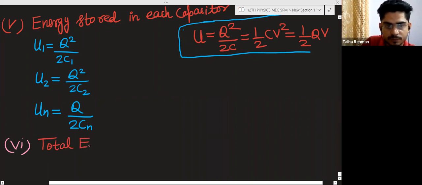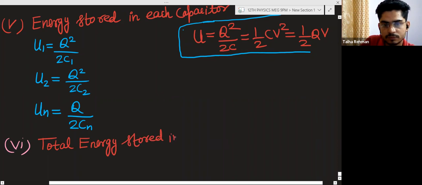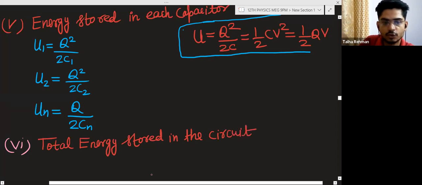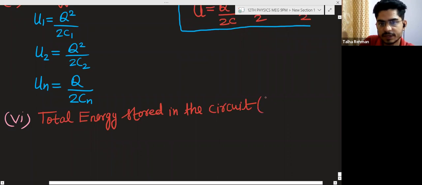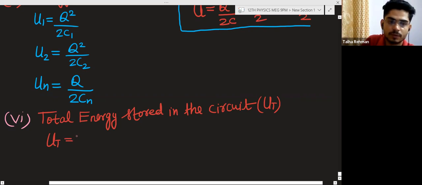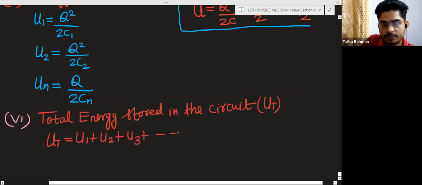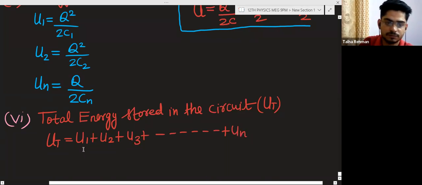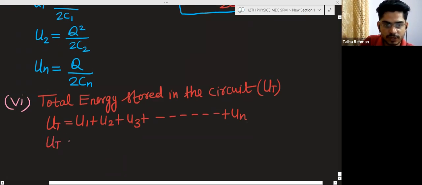Total energy in the circuit, I am representing it U suffix T. So U suffix T is equal to U1 plus U2 plus U3, because energy is a scalar quantity and we can add the energy directly without considering direction. So U total is this.